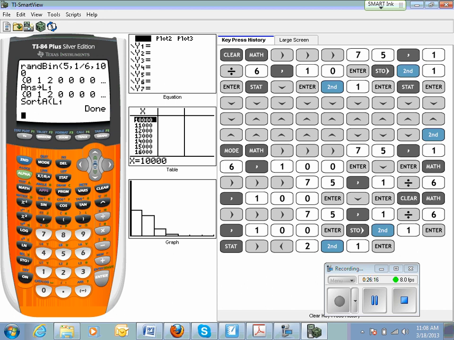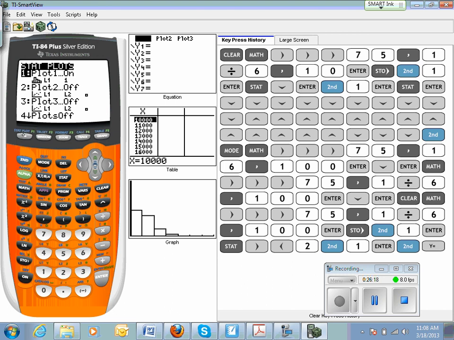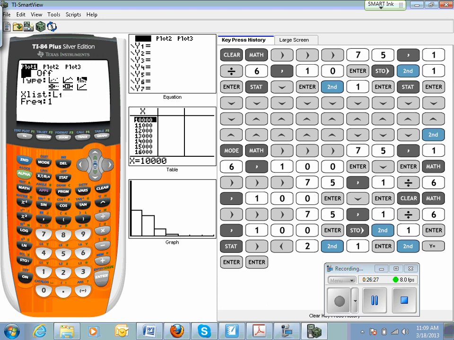Maybe. So, plot for list 1. Make sure that plot is on and it's on histogram. And the window's probably going to be all messed up, but let's see here. 0, 7, actually that looks pretty good.